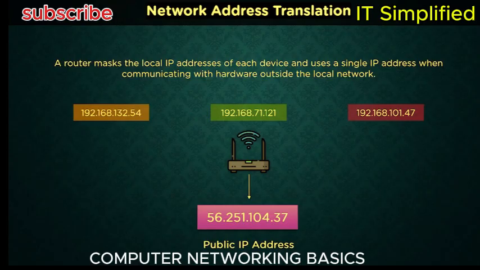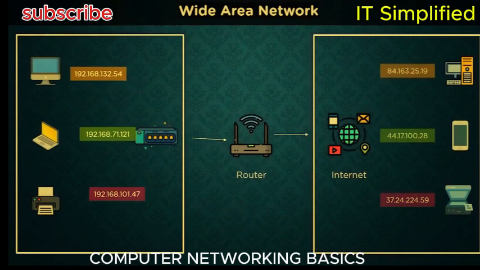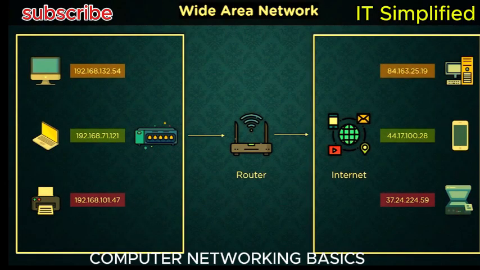Once a router receives some particular information that must be transmitted to a local device in the network, it checks the internal routing tables to determine the correct internal IP address and the correct destination to send the externally received data to. But let's say a device from the external network or a wide area network wants to communicate directly with a device from the local network. This cannot be allowed since this can be a very big security risk for devices in a secure environment.